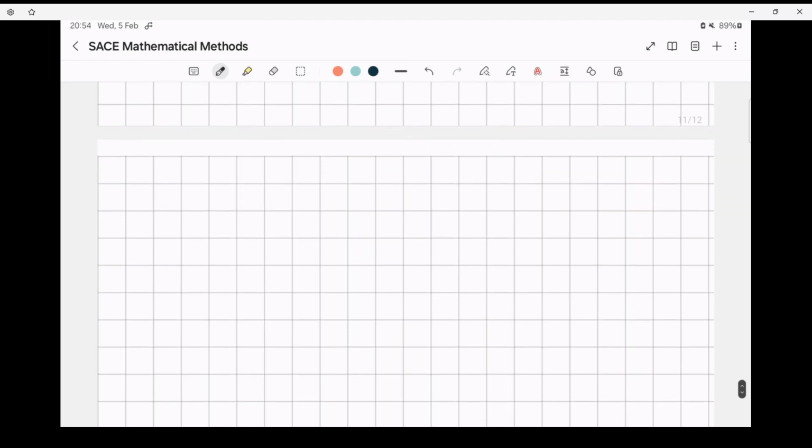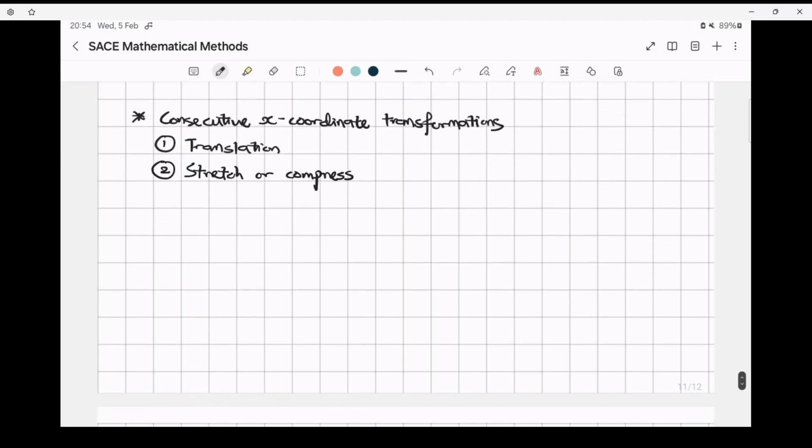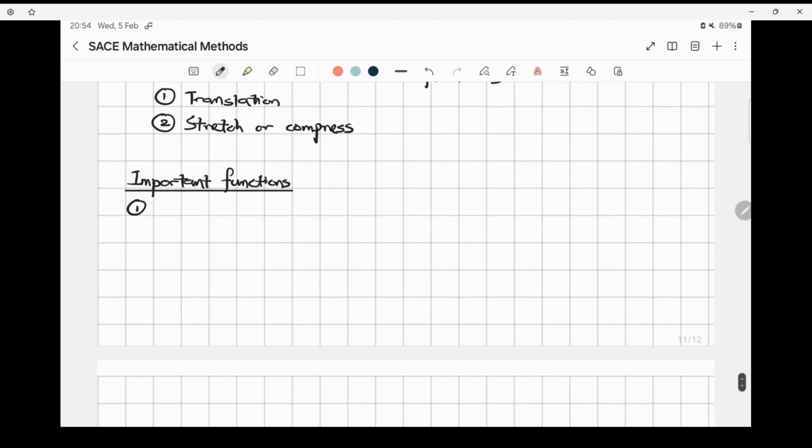So now let's look at some important functions for SACE mathematical methods. Of course, the first one will be what we are already familiar with.